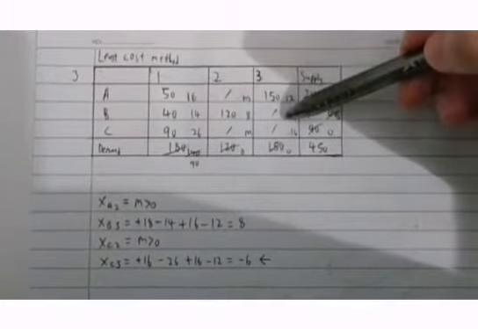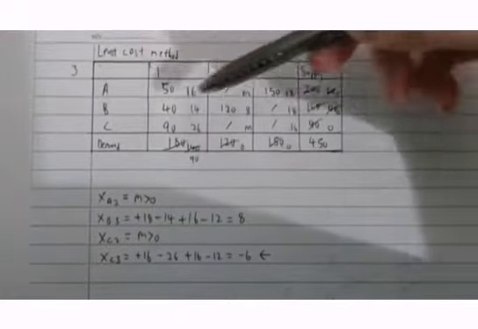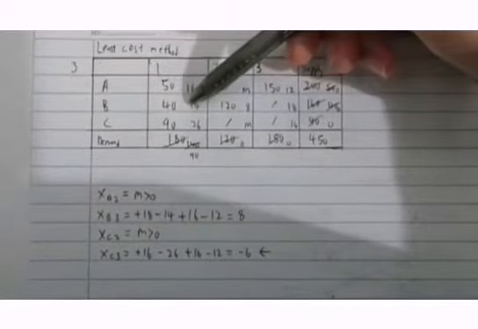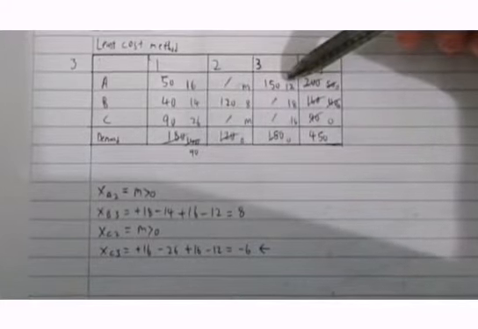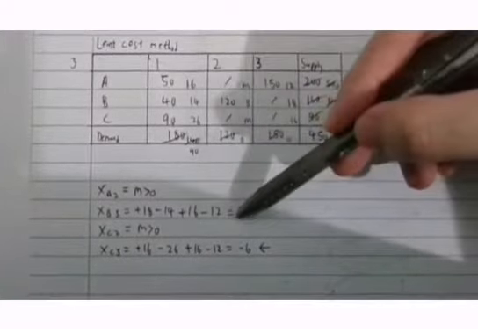So for this one, M is infinity, and for xb3 we plus 18 minus 14 and plus 16 minus 12, and the answer we get is 8.